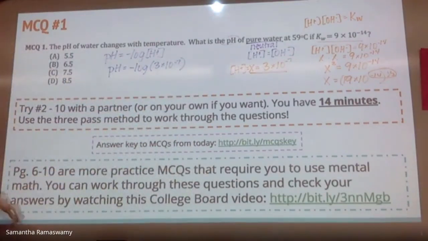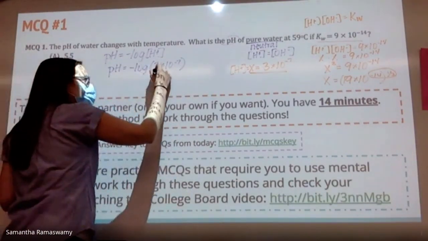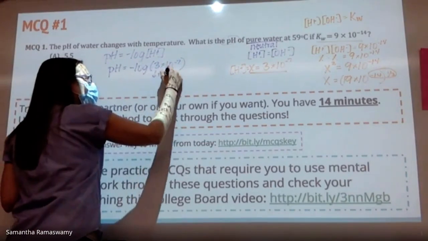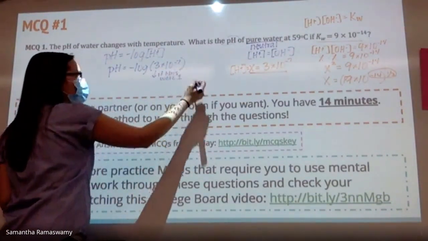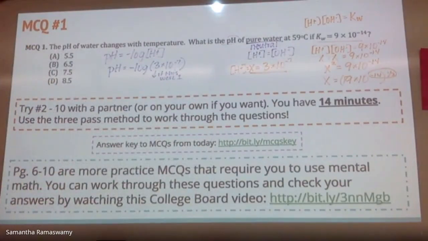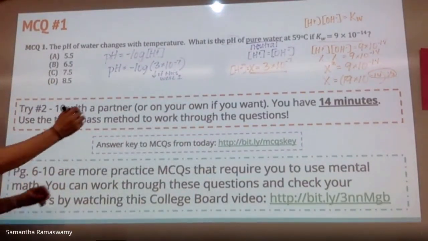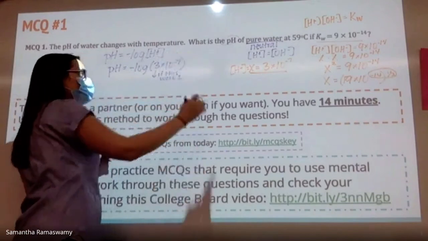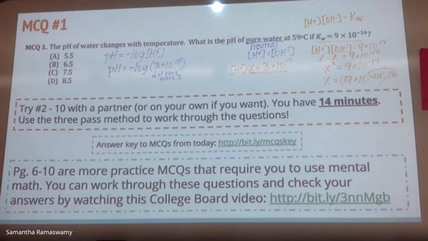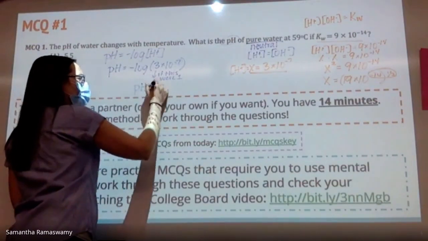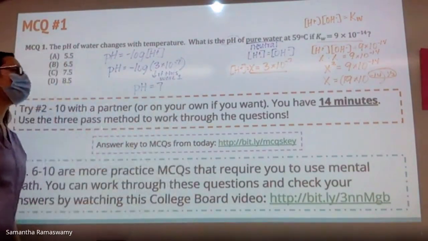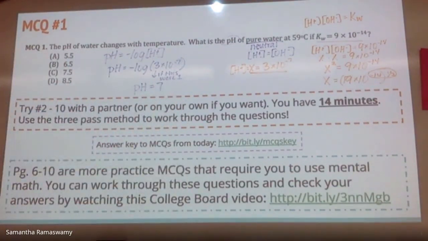Now remember, if this were a 1, so if this were the number 1 times 10 to the negative 7, remember, we can just use the exponent. So if this were 1, pH would equal 7. But it's not a 1, it's a 3.